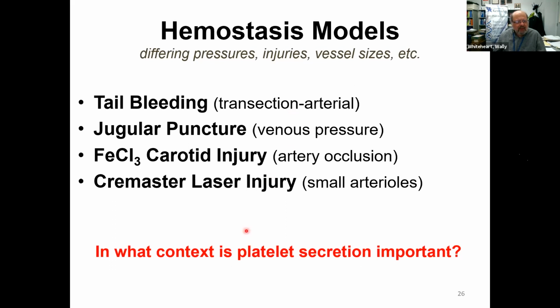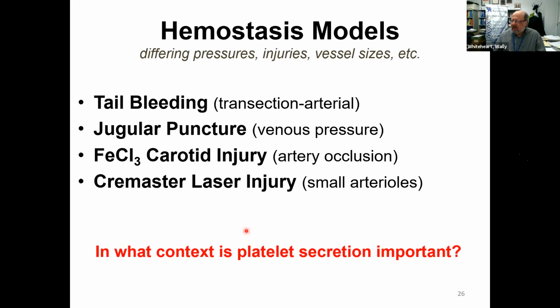We used a jugular puncture model with the needle, and that's because of the micrographs that we have. We used a ferric chloride carotid injury model, which is an occlusion model, and then in collaboration with Rob Flamenhaft's lab, we have some data on the laser injury model.